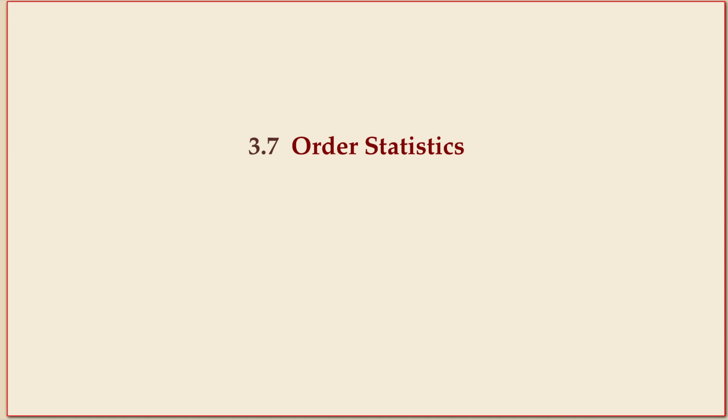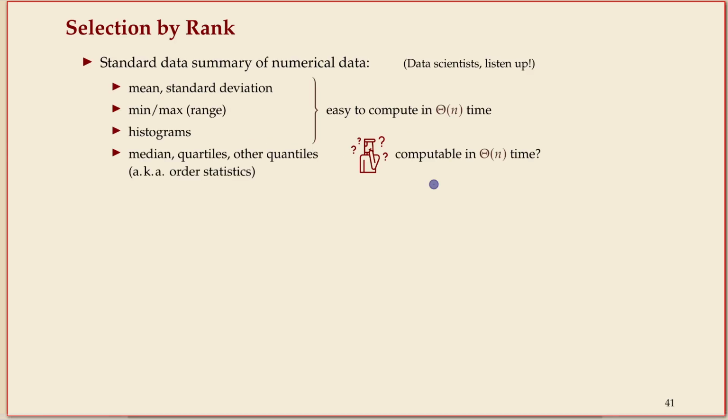Right, so apart from the names, let's see some concrete examples. One is this idea of order statistics, also known as selection or selection by rank. To motivate this a bit, a standard thing you want to do if you have numeric data that is a bit too big to just look at. I'm thinking here of one-dimensional data, so an array of numbers, or one big vector.